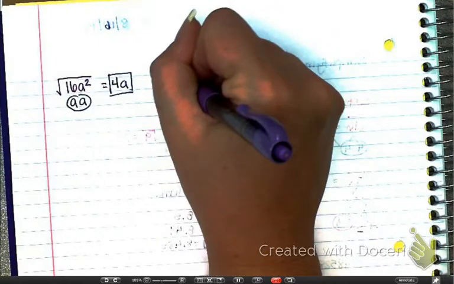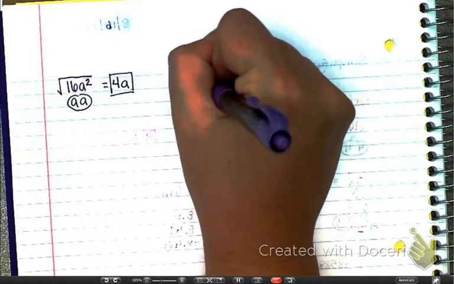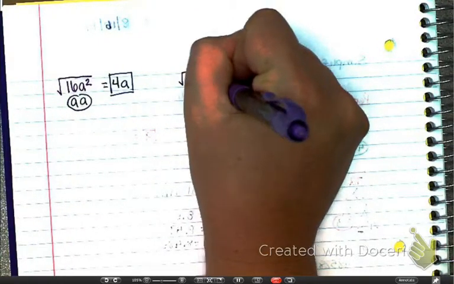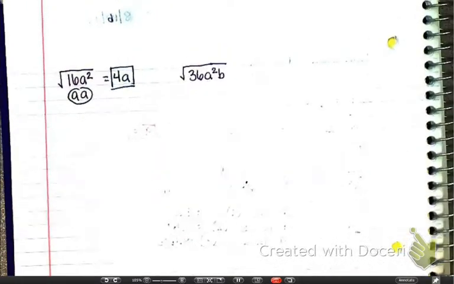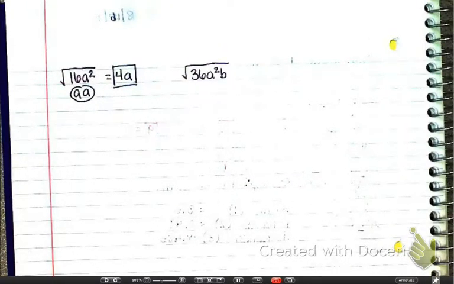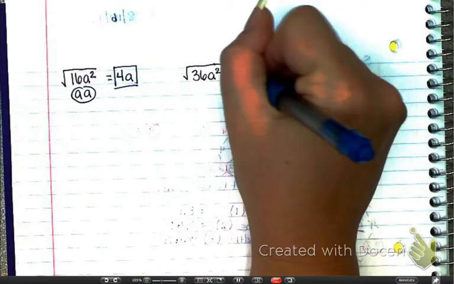Okay. So what about the square root of 36a squared b? Let's break it down. Number first, what is the square root of 36? 6.